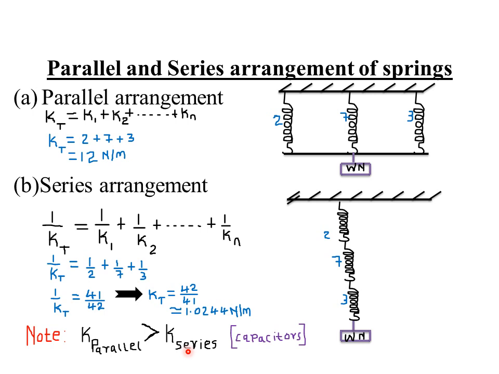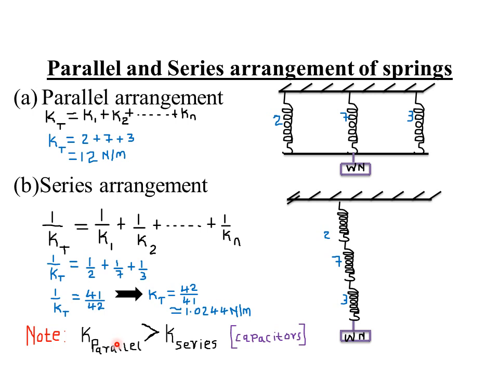So if you want to increase the value of the total spring constant given a number of springs, you simply arrange them in parallel. But if you want to reduce the total spring constant of a given number of springs, then the easier way is just to arrange such springs in series. So maybe somebody can ask you that he had 3 springs.